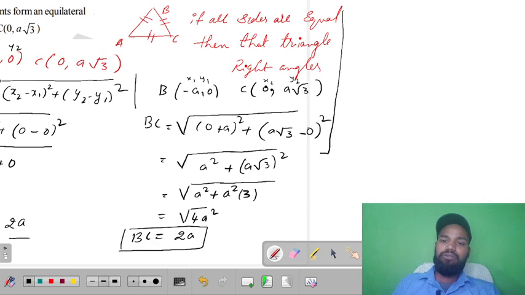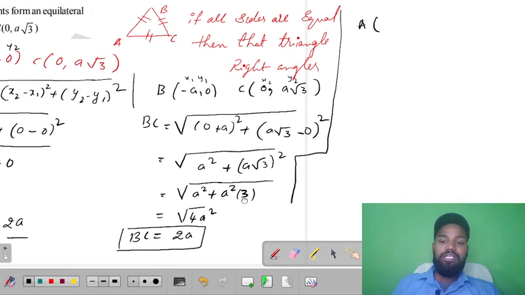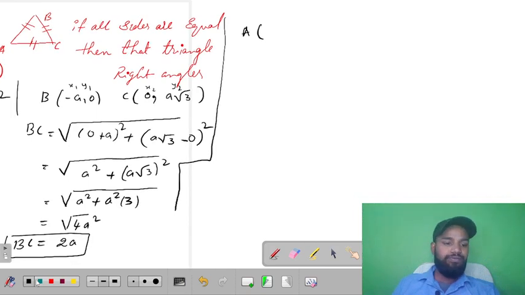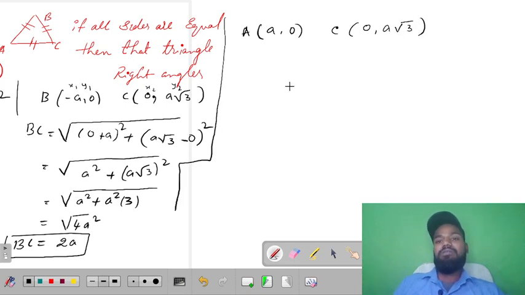Next we are going to do AC. What is the A value here? The A value is A comma 0. What is the C value here? The C value is 0 comma A root 3.